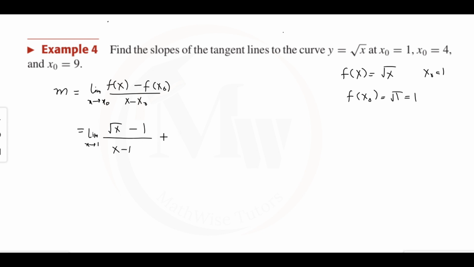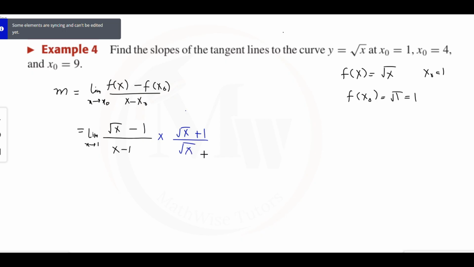So to simplify, we have to rationalize. How to rationalize this? By multiplying and dividing with square root of x plus 1, so that the square root does not remain here.